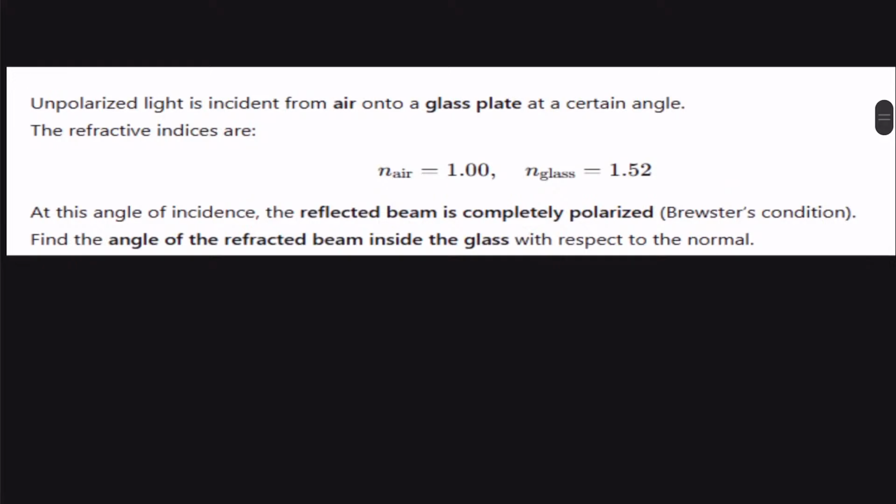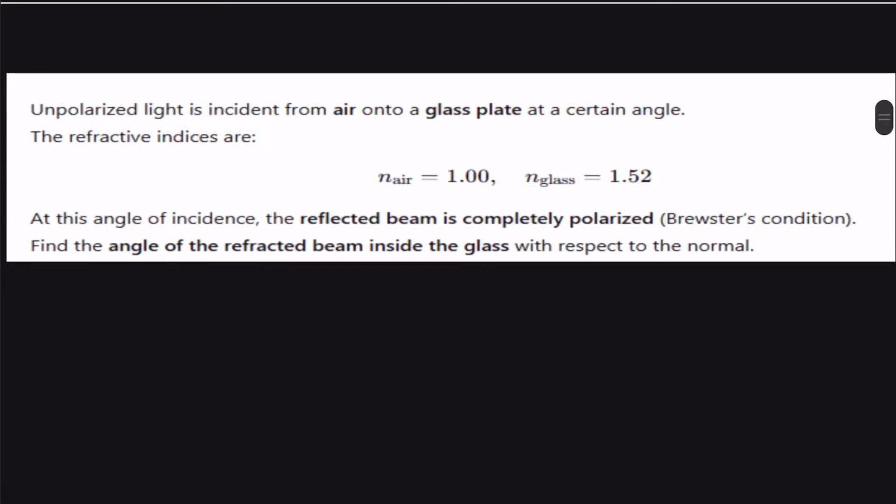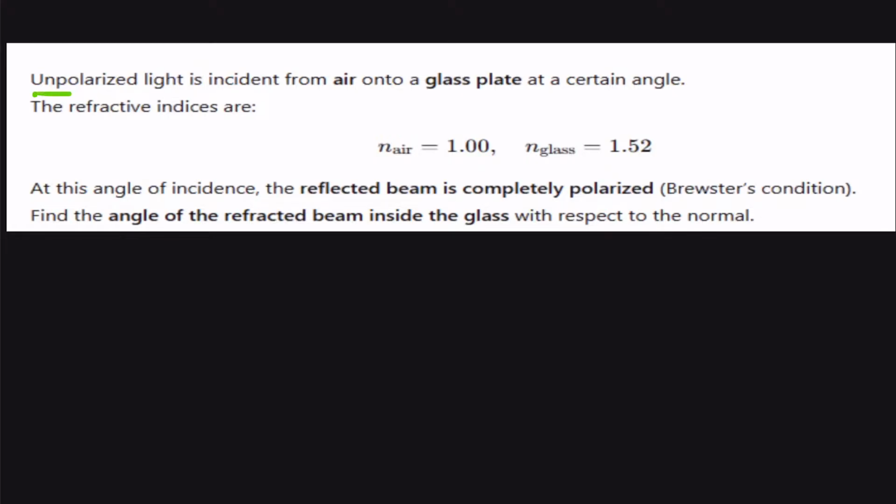Next question. It states that unpolarized light is incident from air onto a glass at a certain angle. The refractive indexes are 1 and 1.52.